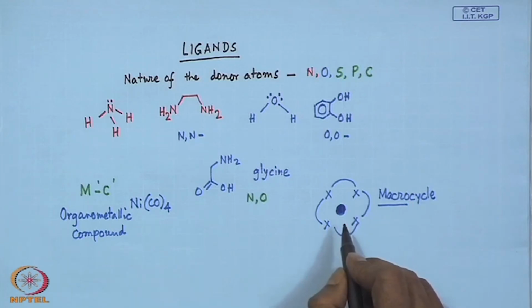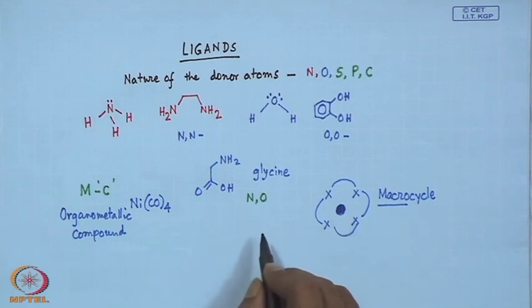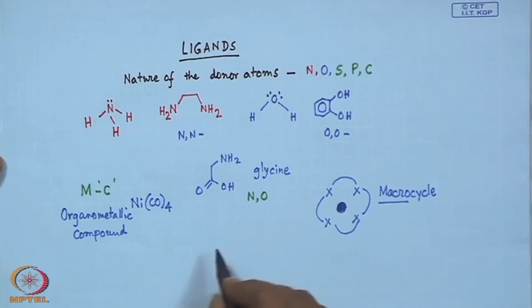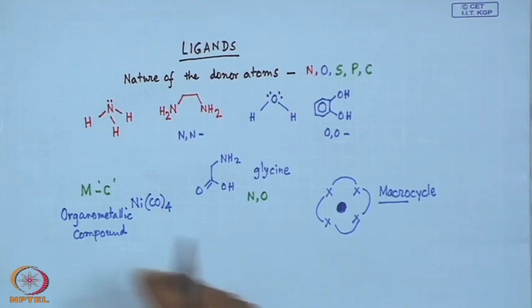So, depending upon the nature of the donor atoms and the corresponding skeleton, the structure of the ligand system, we can have different types of metal complexes.